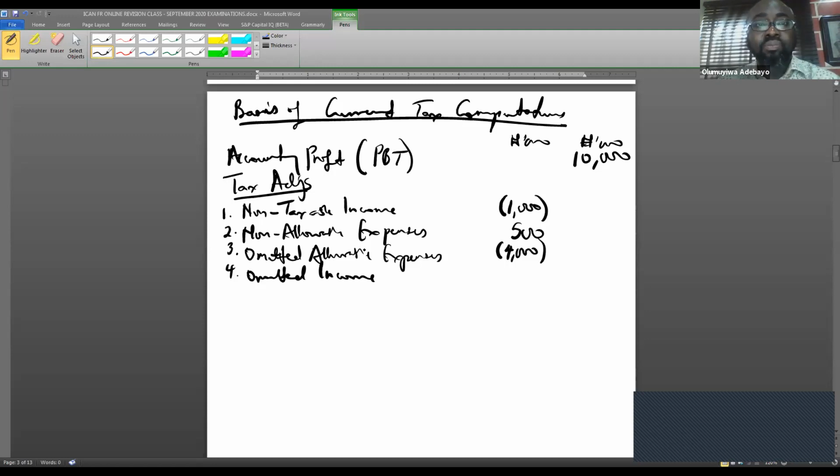An example is any income you receive in advance, termed deferred revenue or deferred income or unearned income, which constitutes a liability for accounting purposes. But for tax, if the principle of our taxation says every income received will be subjected to tax in the year it is received, it then implies that even though you have not earned the income, somebody has paid you rent for 2 years.